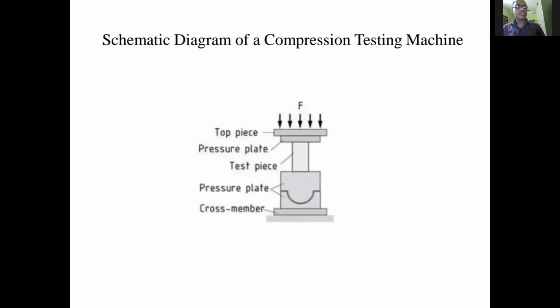Theoretically, compression test is merely the opposite of the tension test with respect to the direction of the applied stress. The compression test can be done on the same machine on which the tension test is done, like a universal testing machine, or some other machine designed specifically for this purpose.